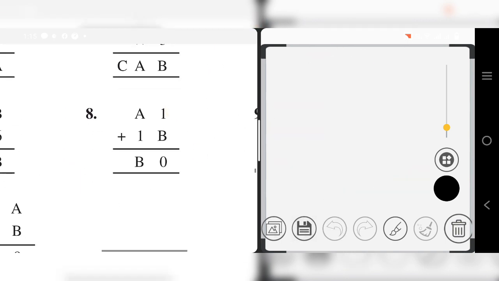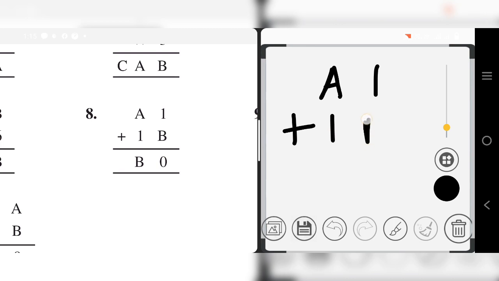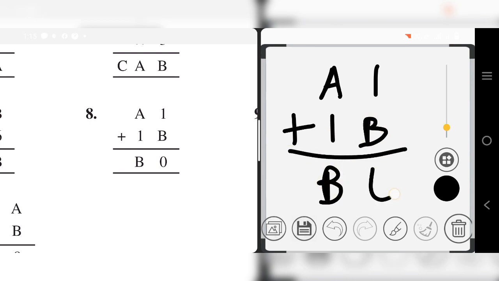Next one. This is so easy. A1 plus 1B is equal to B0. Very easy. So we have got 0 here. So in the unit digit we got 0, and 1 plus B should come 0. It may be 10, 20, 30 or 40. Okay, so let's assume it as 10.